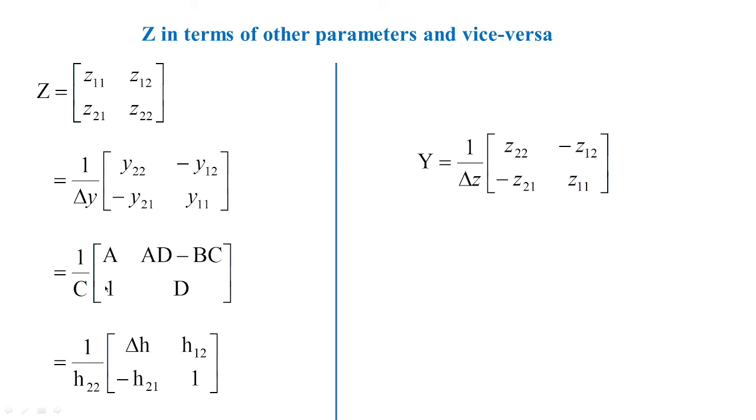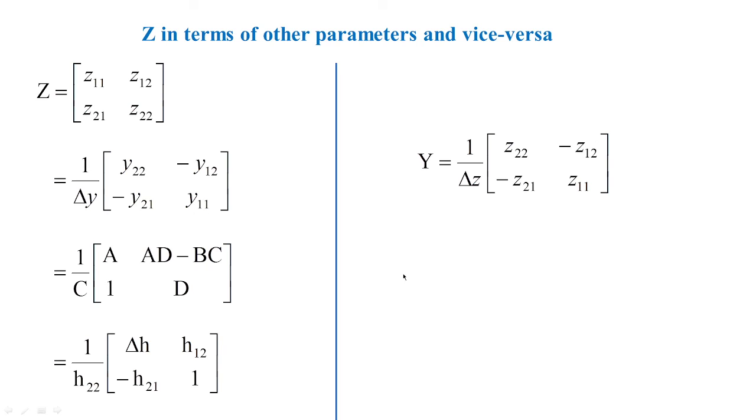Now compare the impedance parameters in terms of transmission line parameters and try to reframe the transmission line parameters in terms of impedance parameters. Here you have C. C can be equivalent to Z21. A can be equivalent to Z11. D can be equivalent to Z22. And you have AD minus BC, which is nothing but the determinant of impedance parameters.